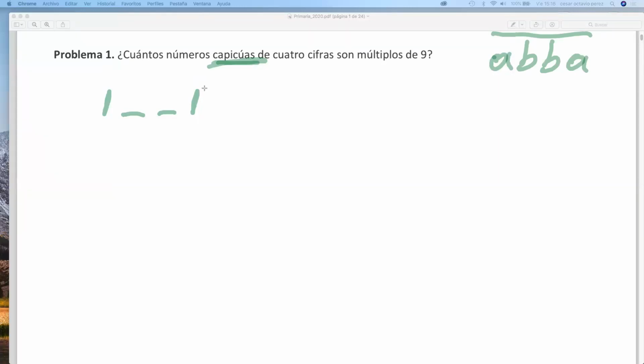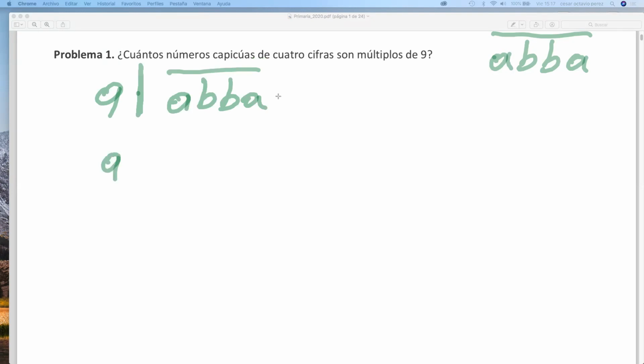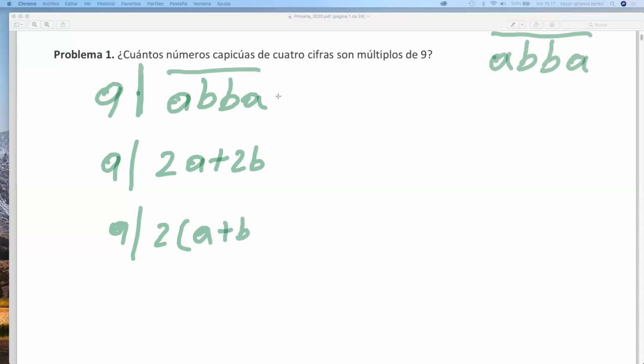You said something like that when you were explaining. So we need the 9 divides. Okay, this vertical line means 9 divides A, B, B, A. So 9 must divide 2a plus 2b. 9 must divide 2 times a plus b.